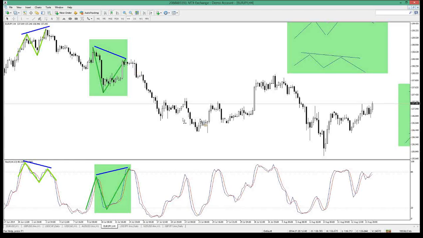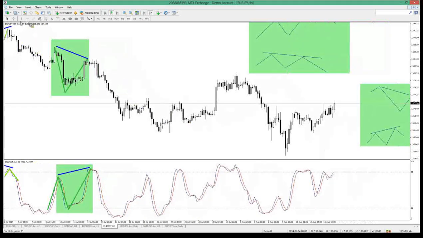Now, if we look a little bit further, we have the same pattern coming into play. Price moves down and then pulls up, but the indicator moves up and then moves down, and the indicator makes a higher high relative to price.